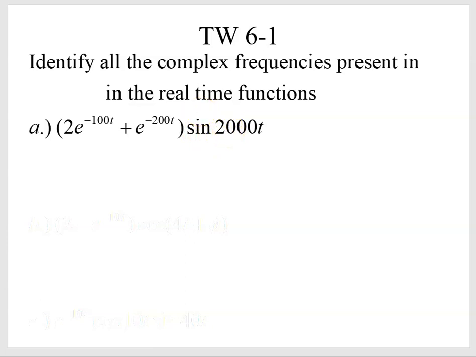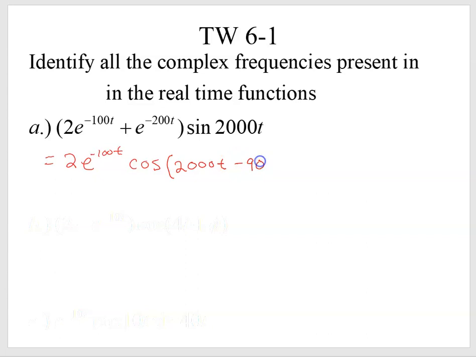So what we have here, we can say this is equal to 2 e to the negative 100t, and then if we convert this to a cosine, we have cosine of 2000t. Now we have to subtract the 90 degrees, right?